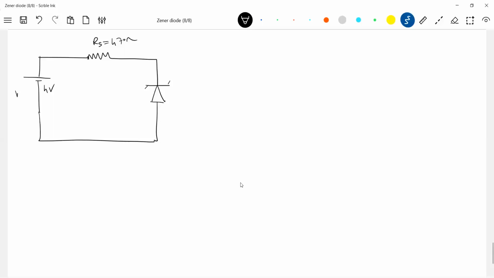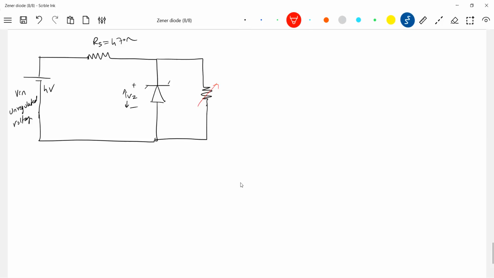$470, 4 volt, V in, unregulated voltage. This is a VZ. This is a load. I'm putting one arrow. Try to notice, it's a variable.